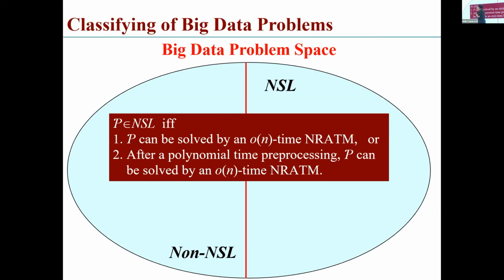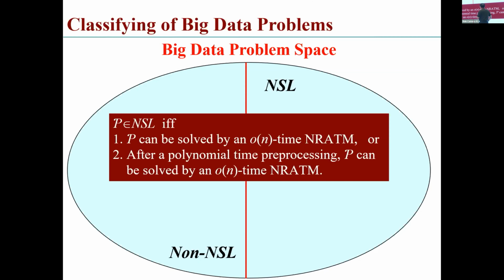P belongs to NSL if and only if, one, P can be solved by a sublinear time NRATM, and/or, after polynomial time pre-processing, P can be solved by a sublinear time NRATM.